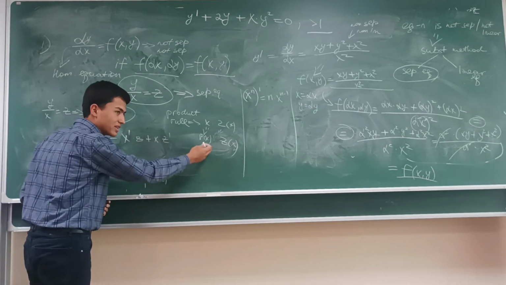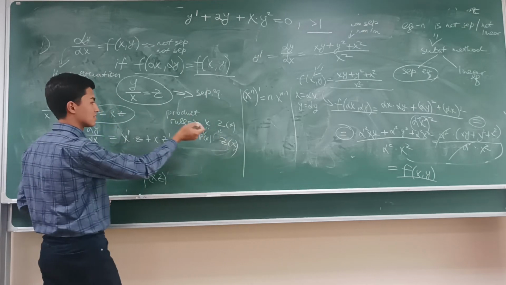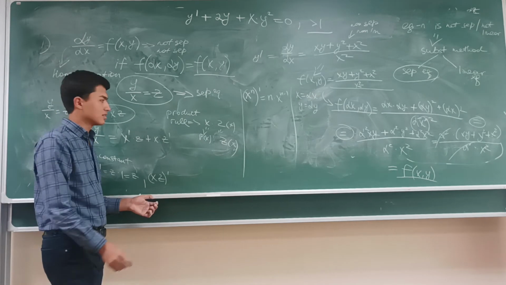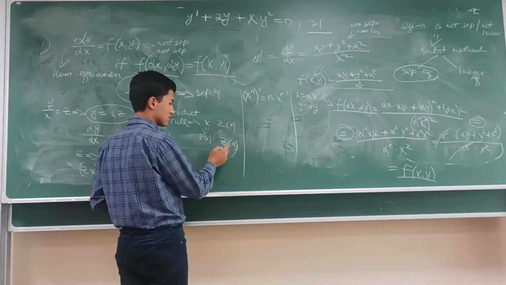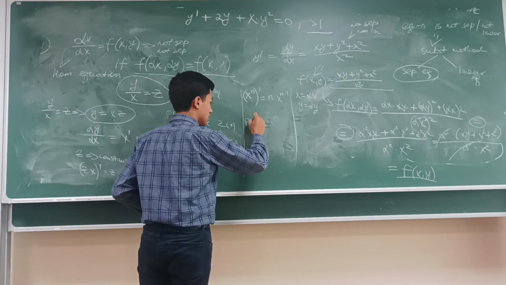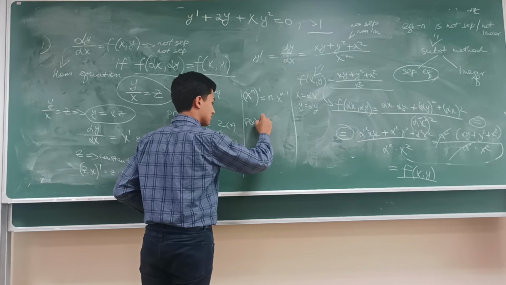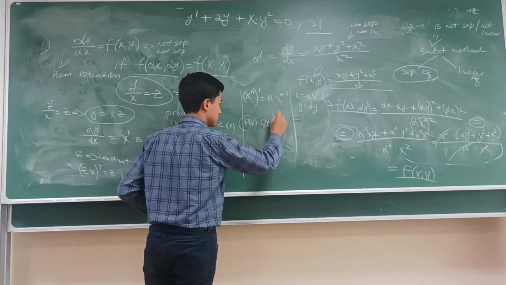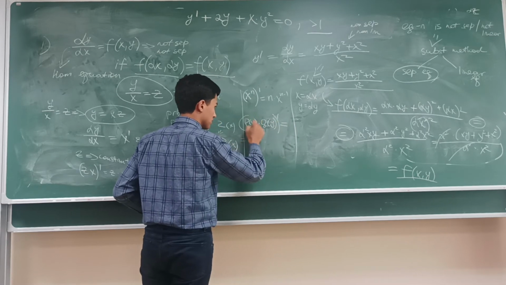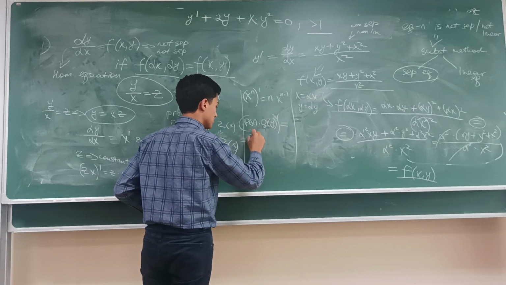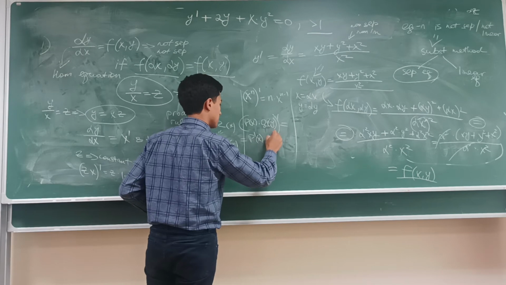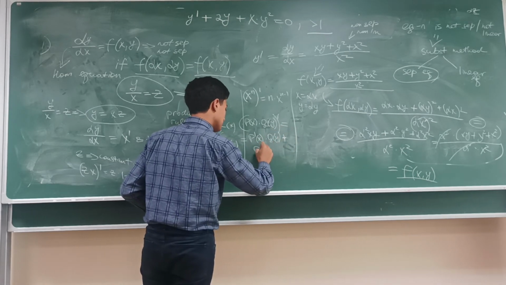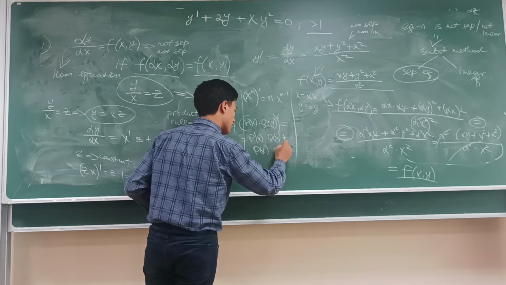Product rule, yeah. You have two functions, right? p of x and q of y are given. If you find the derivative, firstly you take the derivative of this one, p prime x multiplied by q of y, plus p of x multiplied by q prime.